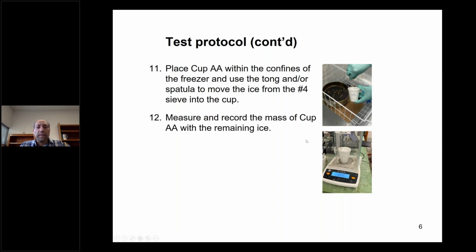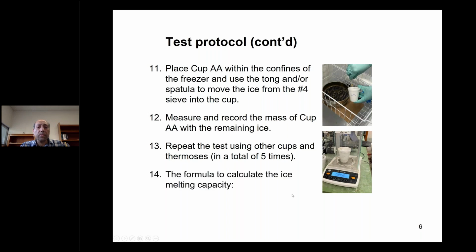And the next step is we measure the weight of the cup and the ice cubes after the test. So we repeat this procedure 5 times, and then we use this equation to measure the ice melting capacity.